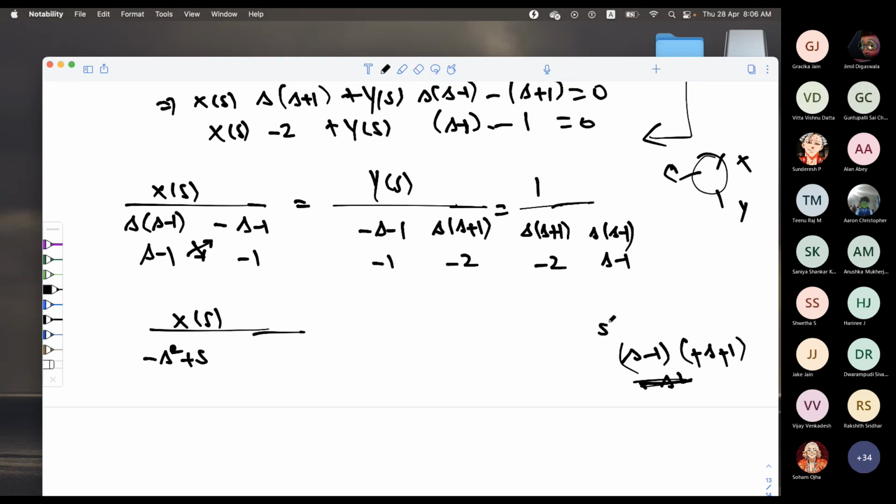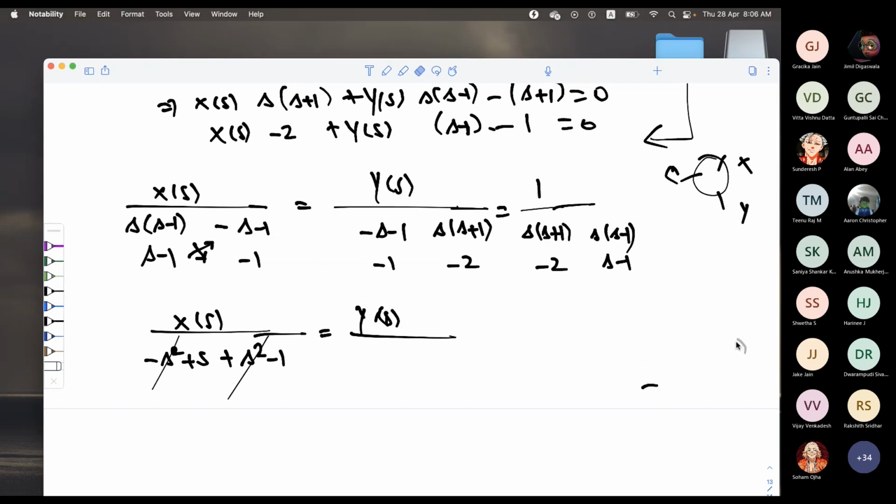Sir, by the determinant property, s square plus s minus 1. So this minus s itself cancelled, so that it is s square minus 1. Then this s square cancels. So here we are having the remaining s minus 1 alone.